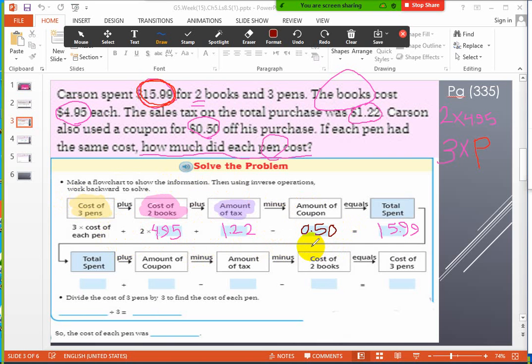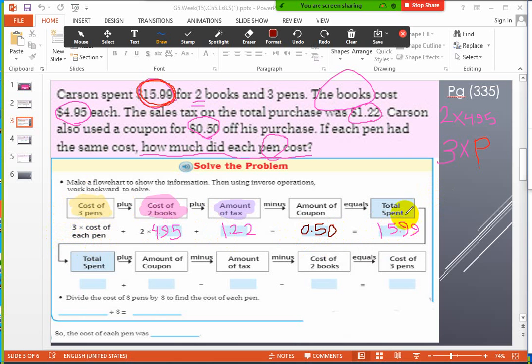Okay, girls, you have to think about it like this. Now look, girls, everything is known for me, but I have the number of pens. So what I have to do now, let's see the total spent here.